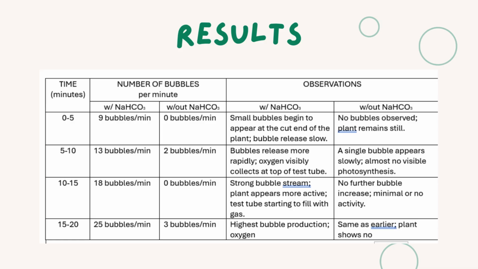This consistent rise shows that photosynthesis was actively occurring, as more oxygen was produced when the plant had an abundant carbon dioxide supply and light energy.